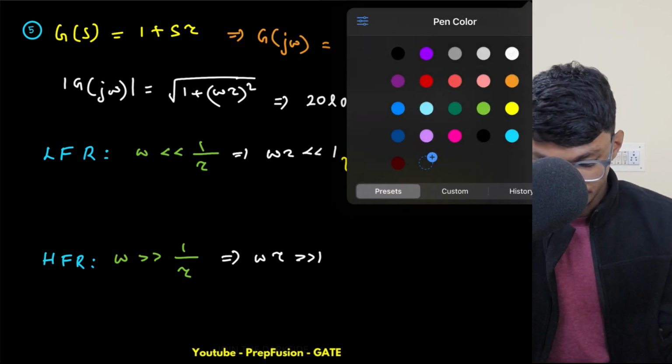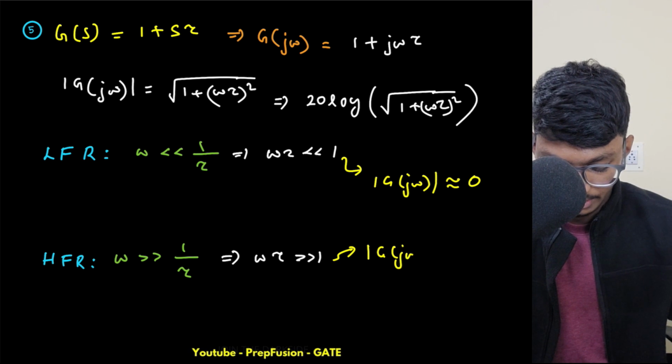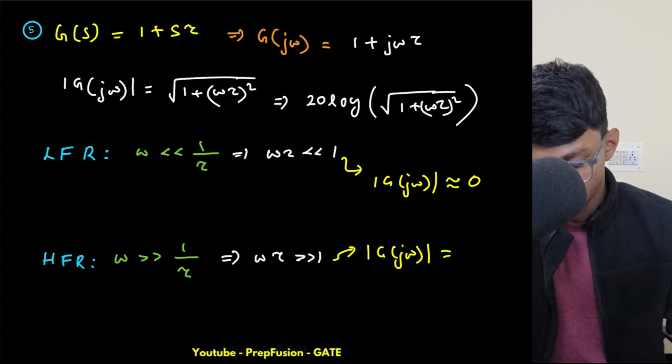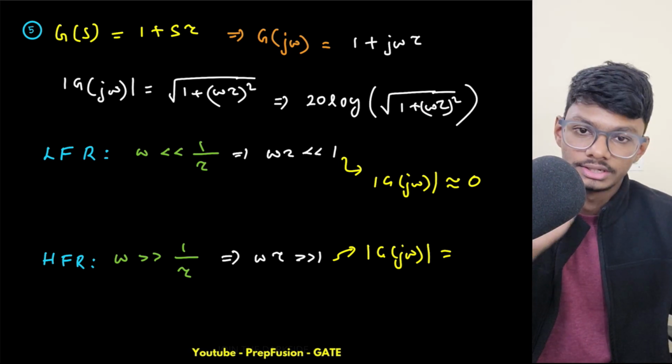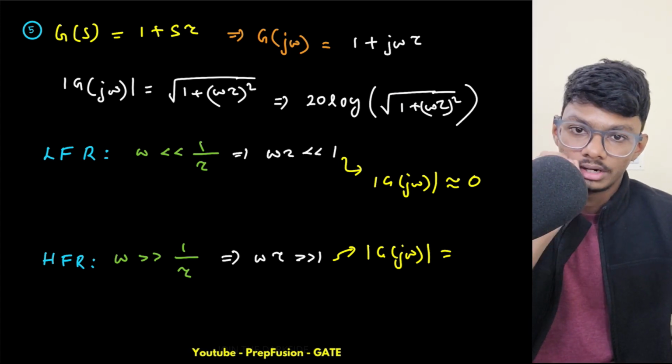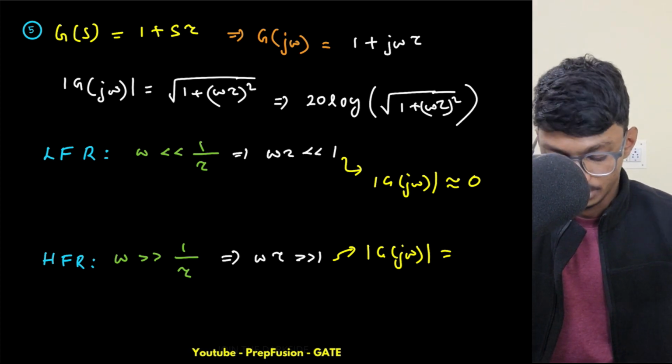Now if my omega tau is much greater than 1, what does this mean? This means that the 1 will get ignored, so it will be omega tau whole square. Under root that is omega tau, so 20 log omega tau itself.